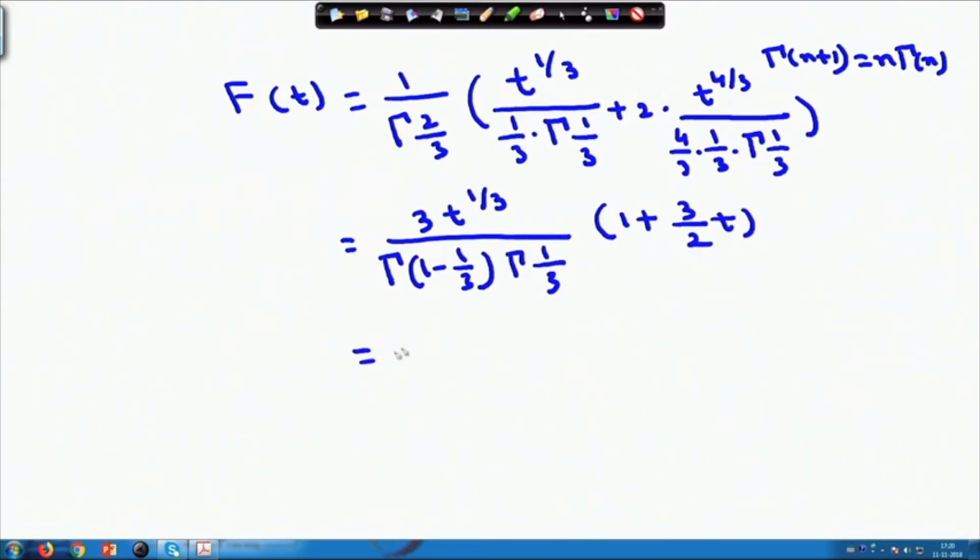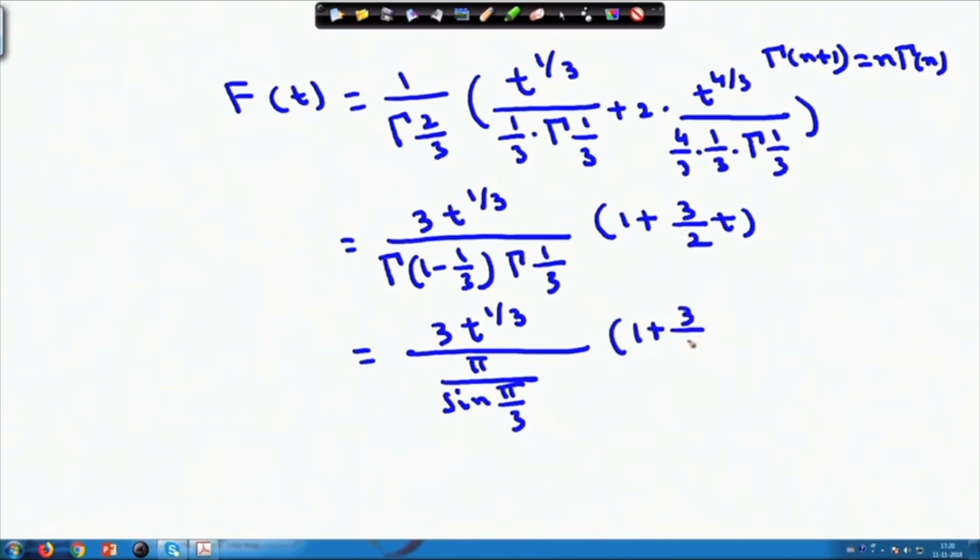And this again I can write down 3 t to the power 1 by 3 into this gamma n, gamma 1 minus n equals pi by sin n pi. Using that property, this I can write down pi by sin pi by 3. I can substitute the value of pi by 3. This portion will remain as it is, 1 plus 3 by 2 into t.